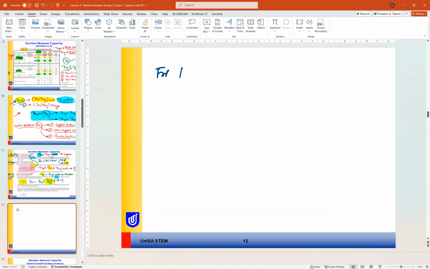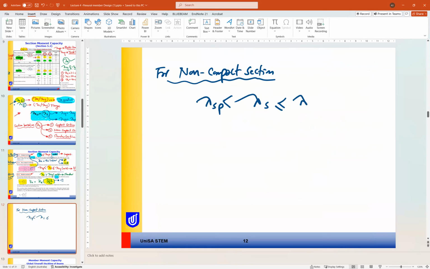So for a non-compact section, because this is a complicated one, lambda s in this case is more than lambda sp and less than or equal to lambda sy.